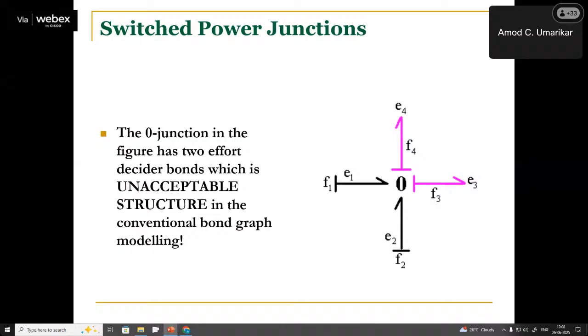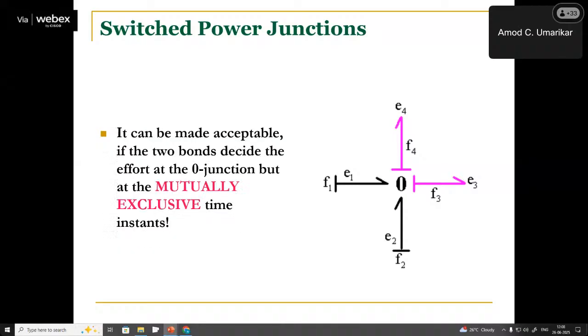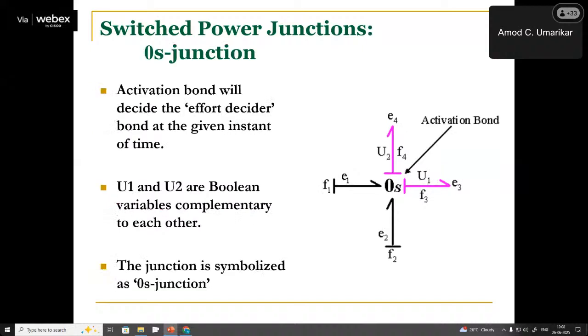So now, if I make some arrangement so that they are mutually exclusive, like E4 and E3, that means when E4 is present, E3 is not there, and when E3 is present, E4 is not there, then it is possible, right? So we have symbolized that 0 junction. Is it clear what I am saying?